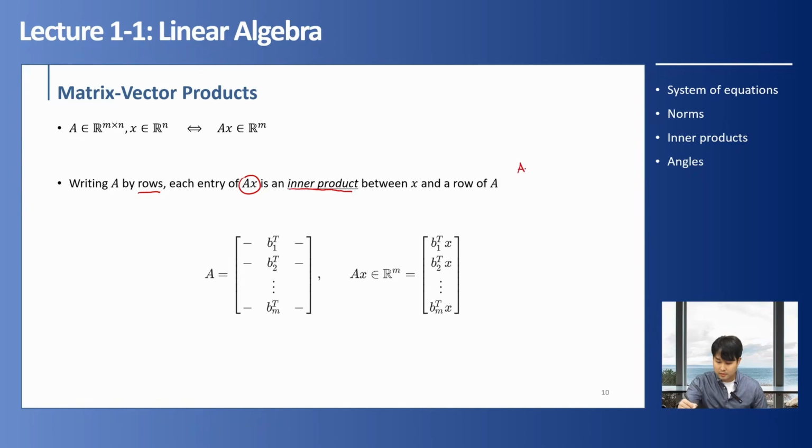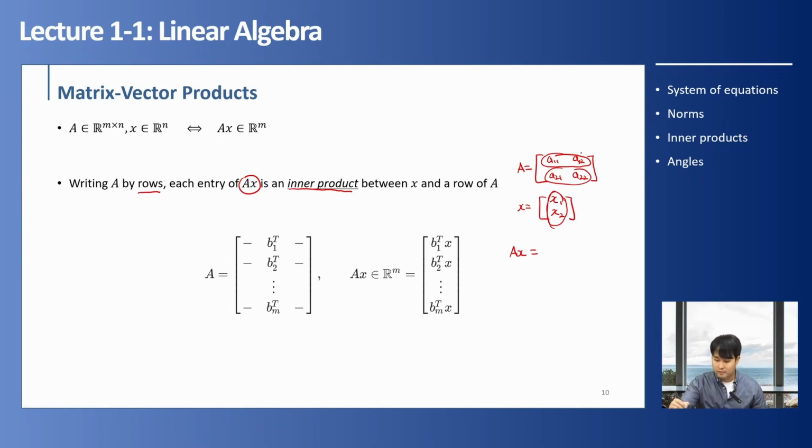So for instance, if I define A as the following and x as the following, in order to solve for Ax, we simply take the inner product of this row and this column, followed by this row and this column.